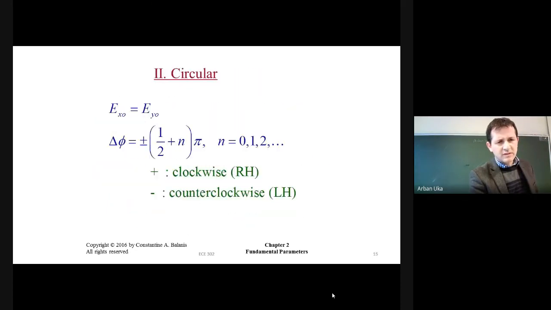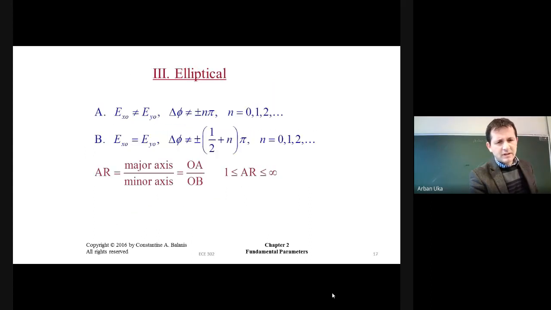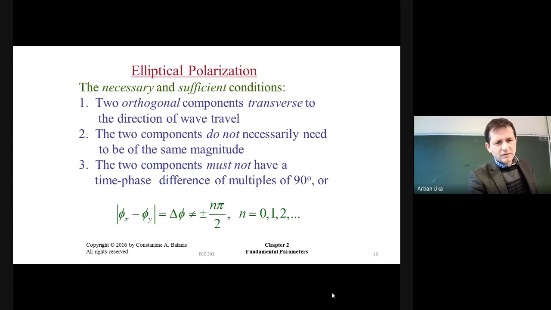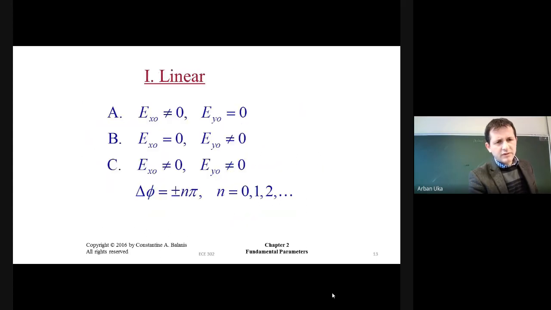Now we can move fast here. Linear polarization is when either one of the orthogonal directions x or y is completely zero. That means in the first case we have the polarization along the x-axis because Ey is null, it's zero.